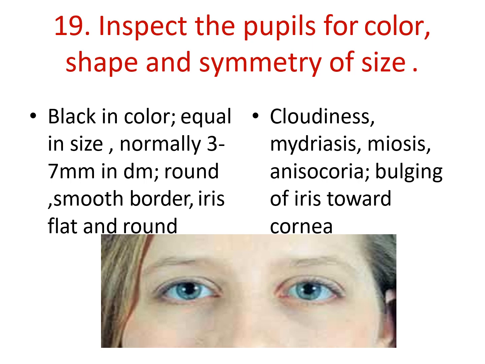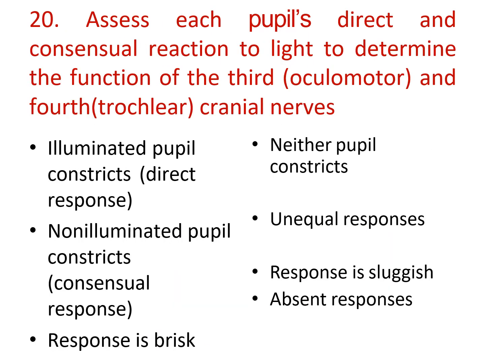It should be round, with a smooth border, and the iris could also be seen flat and round. An abnormal finding is cloudiness, constricted or dilated pupils, anisocoria, or an abnormally different left and right result. Bulging of the iris towards the cornea could also be an abnormal result.